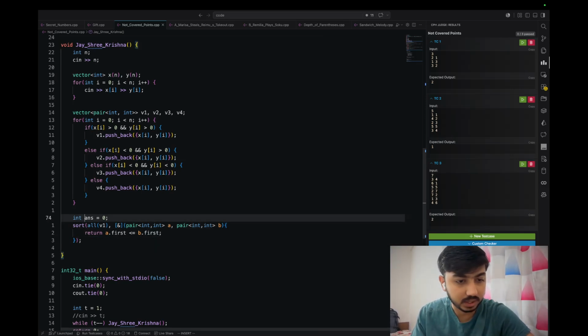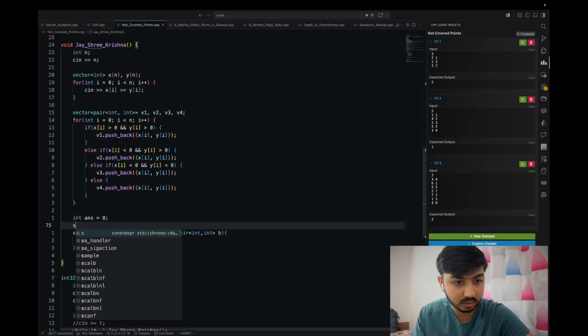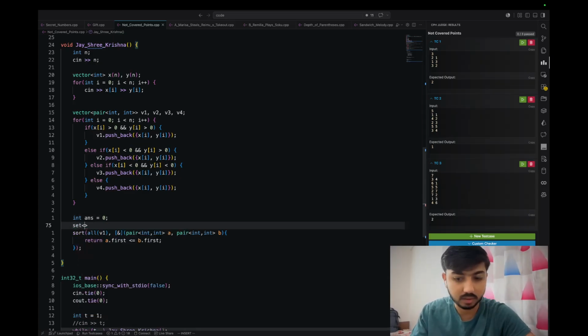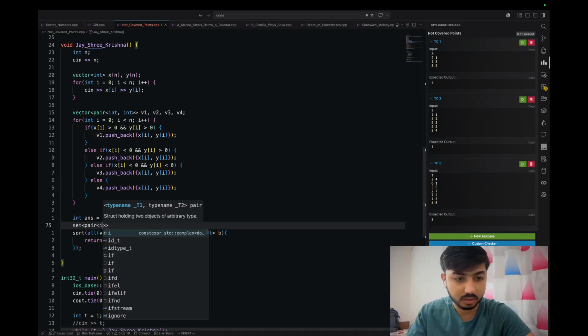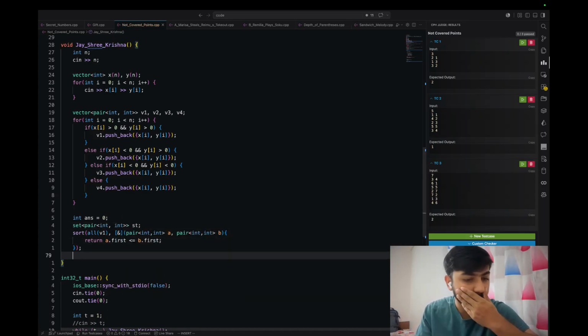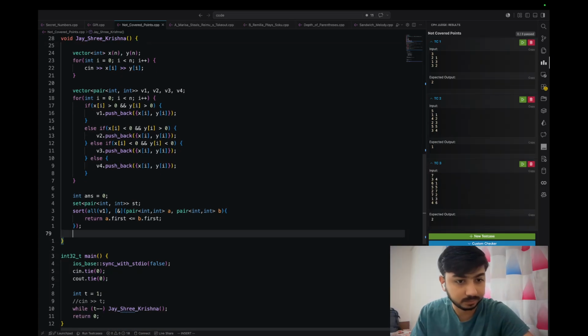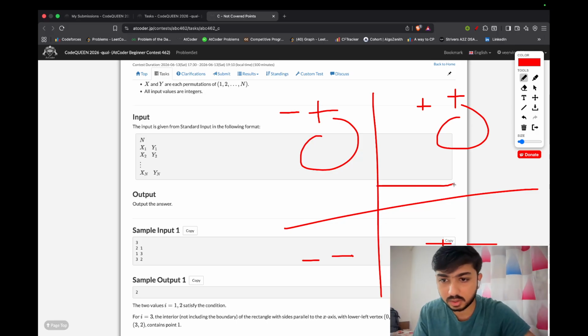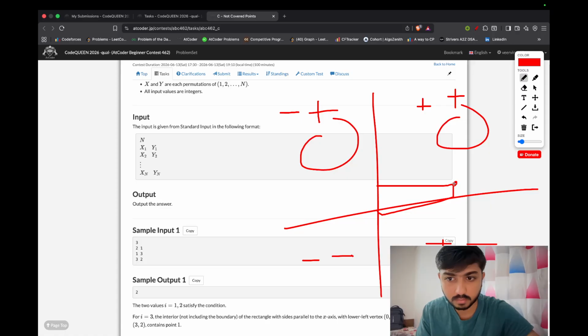And let's have a set also. Okay, so based on this we will pick the smallest x. That means this point.